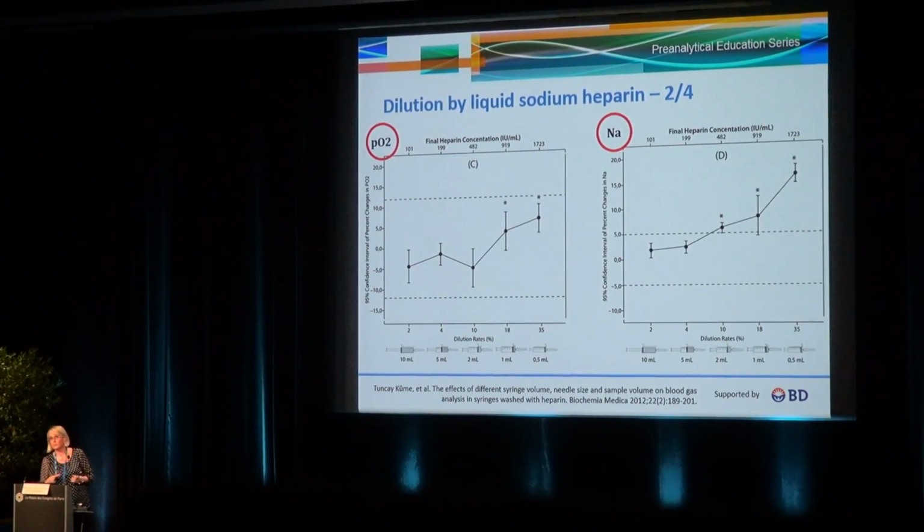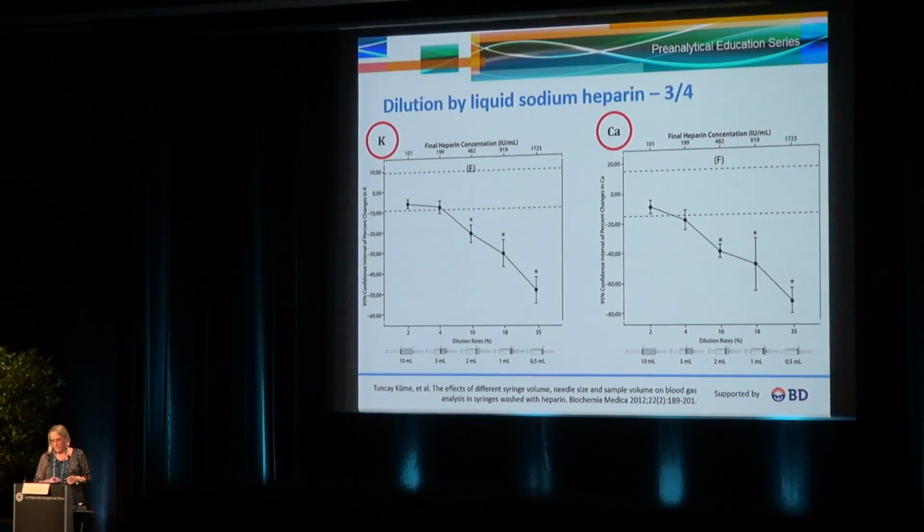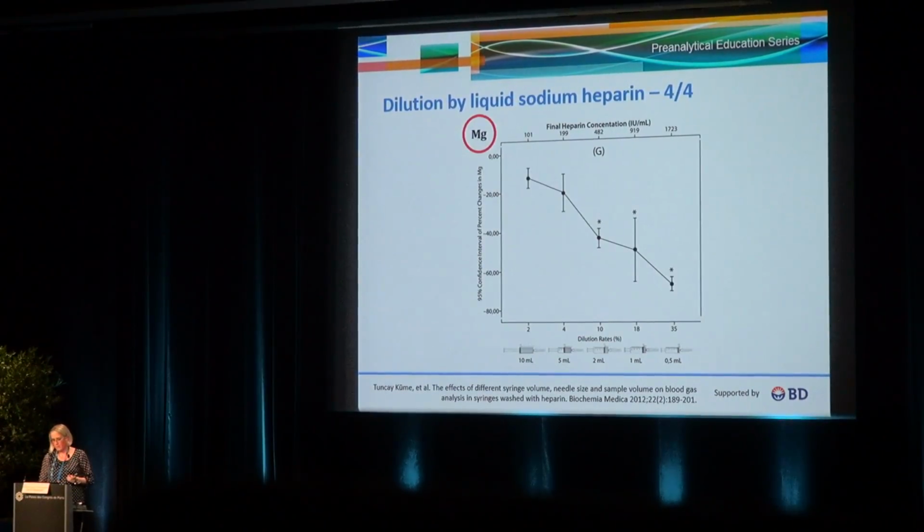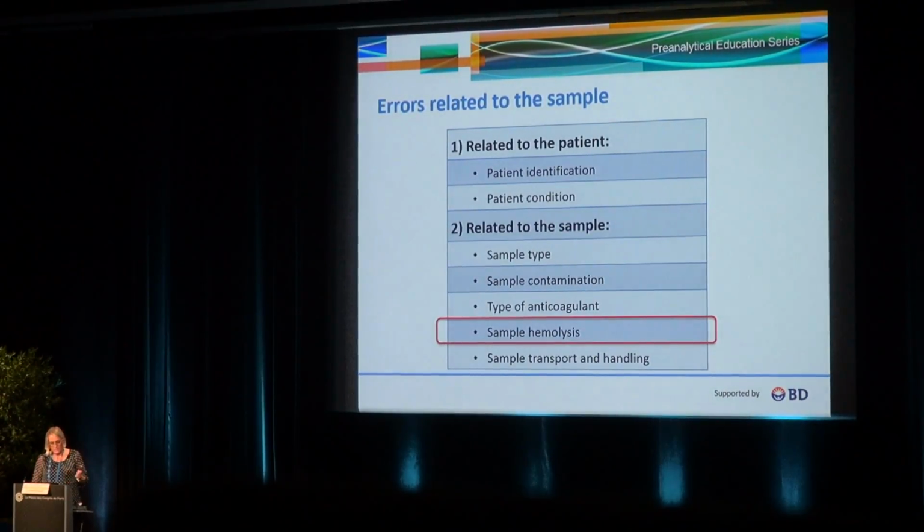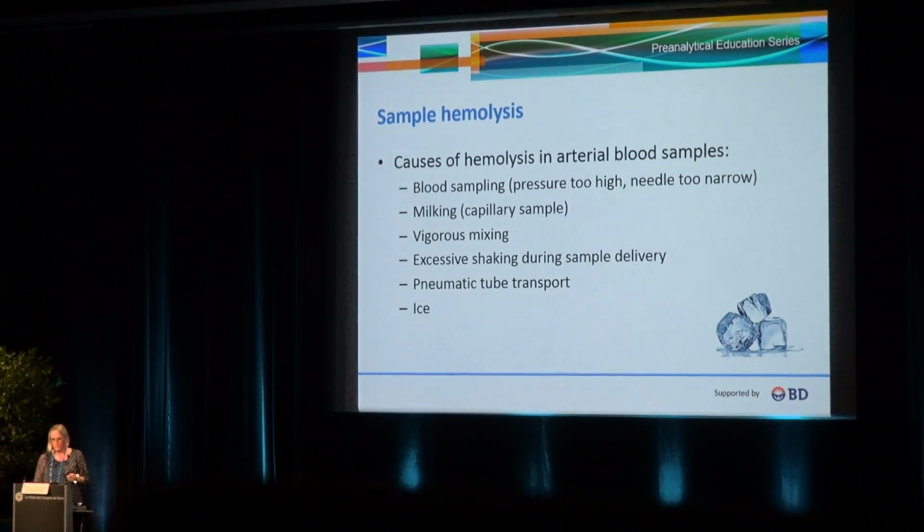This is why you should be using lithium heparin. And it will dilute potassium, calcium, and magnesium. So you don't want to use liquid heparin, and you don't want to flush your syringes with either therapeutic or any other heparin.